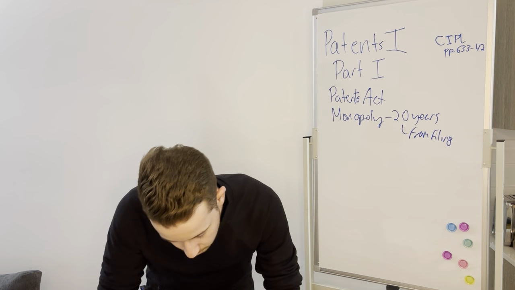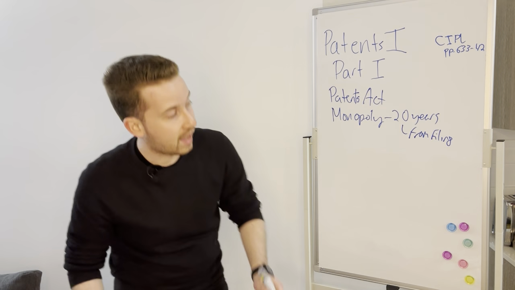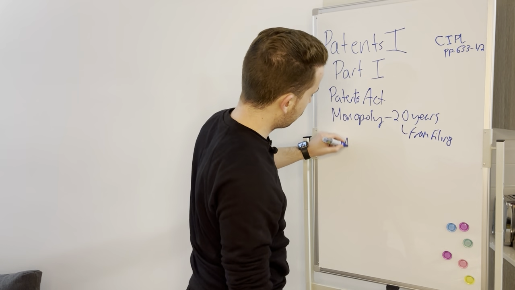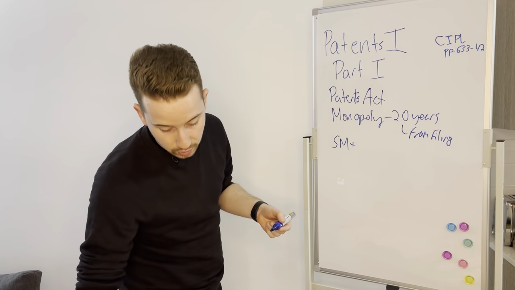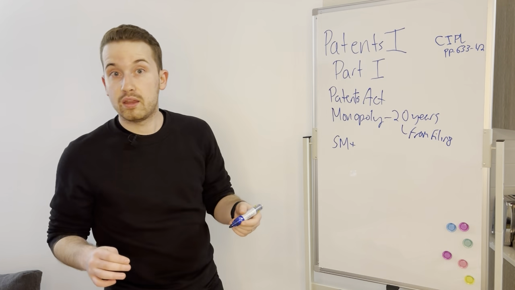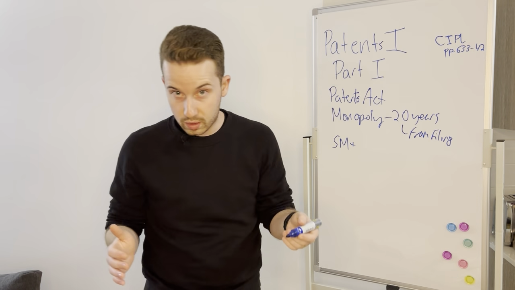So, what are the requirements for there to be a patent? First there's what we'll call the subject matter requirement. And we'll see that's pretty important. It has to be one of the things that the government says it can be. Typically, as we'll see, patents are concerned with inventions.